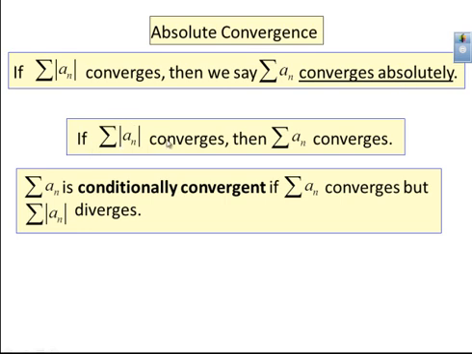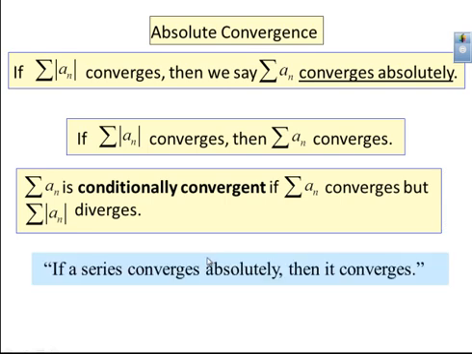If the absolute value of the series converges, then the series is automatically going to converge. So a sub n is conditionally convergent if the series converges but the absolute value diverges. So if the series converges absolutely, then the series is going to converge.